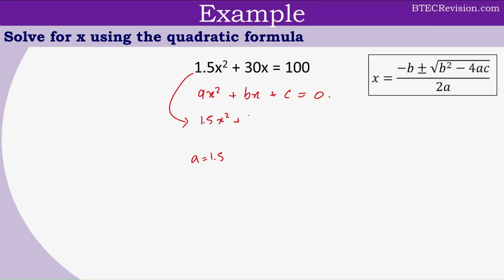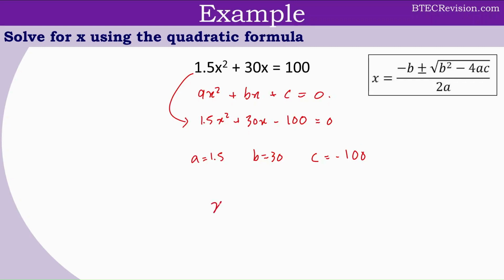The next term, 30x, so b is equal to 30. And for the last term, we need to take away 100 and set that equal to 0, so c is equal to negative 100.